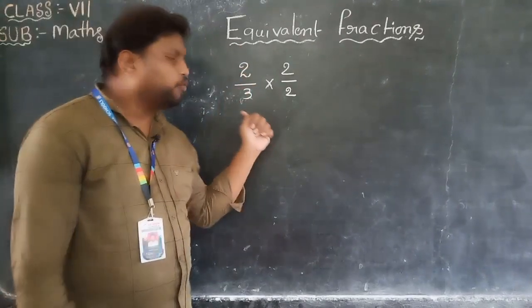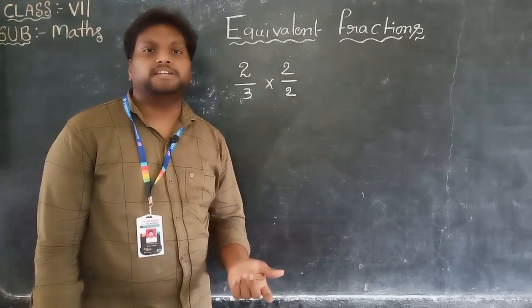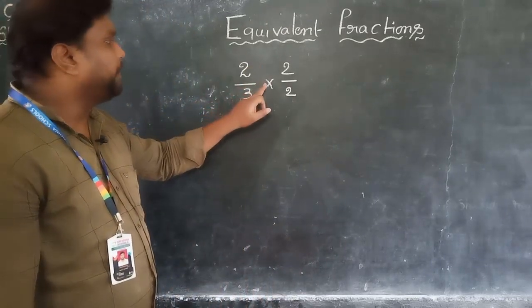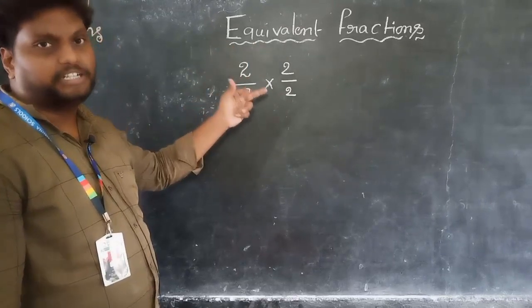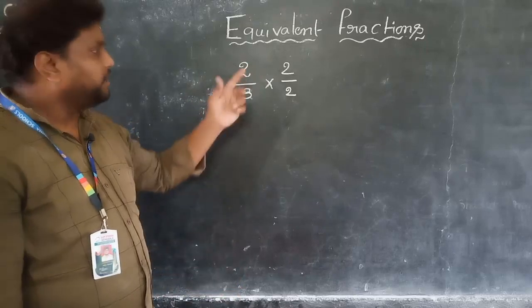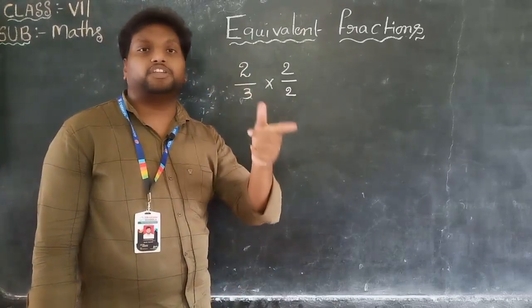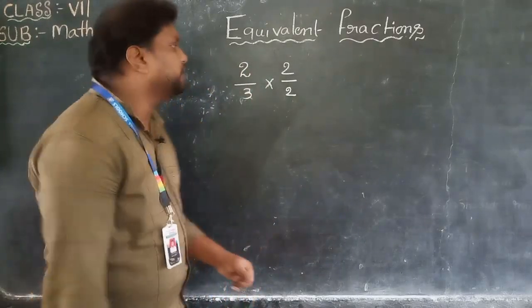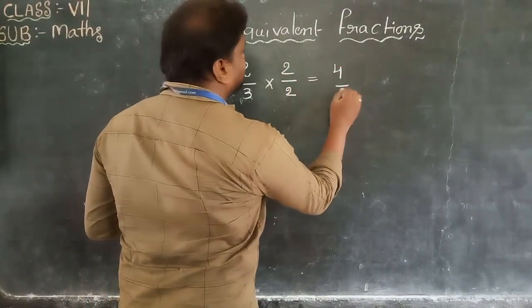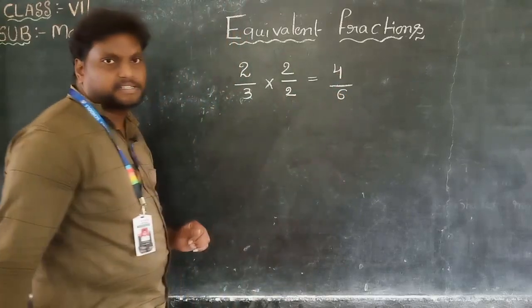If you multiply only the denominator, the value will change. That's why, without changing the value, we should multiply the numerator and denominator with an equal number. Any number can be taken, no problem, but we should multiply equally. Here 2 2s are 4, 3 2s are 6, so 4 by 6.